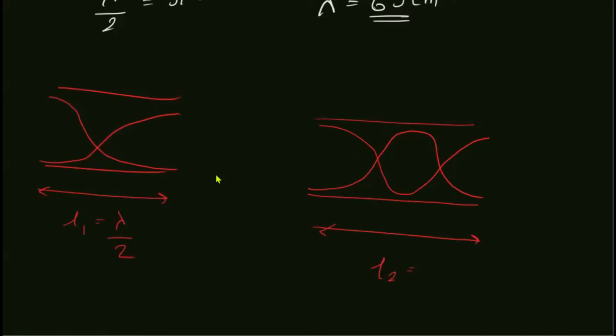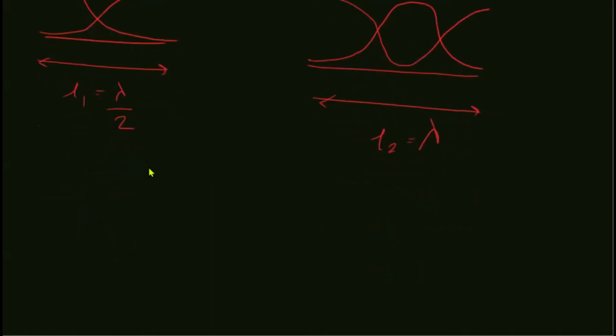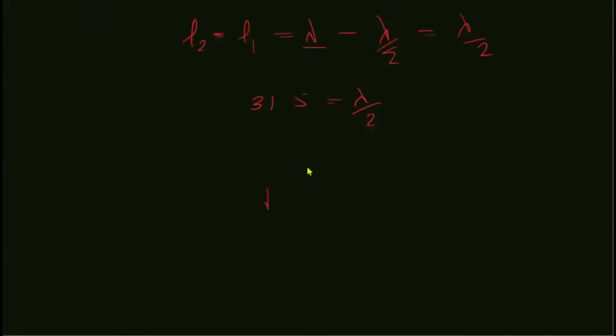L2 is lambda over 2 plus lambda over 2, which is totally lambda. If you get the difference L2 minus L1, it's lambda minus lambda over 2, which is lambda over 2. So 31.5 equals lambda over 2.